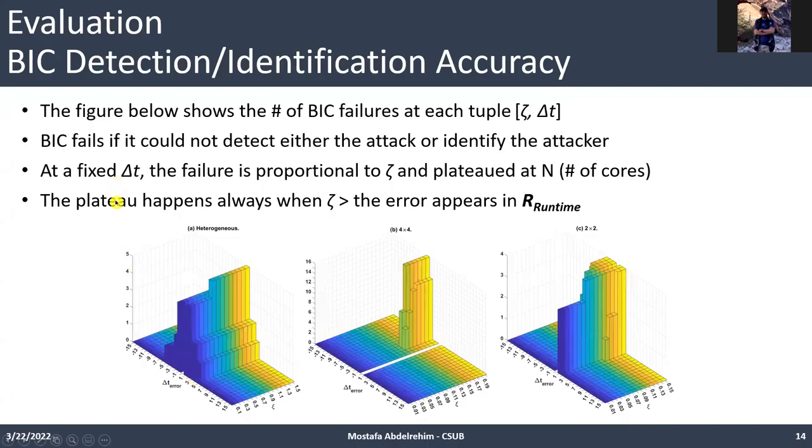If delta T error decreases, then there are more possibilities that BIC will fail. Also, the failures will plateau at the number of cores, and it will be proportional to zeta. As zeta increases, there is a higher probability that we're gonna exceed the main difference between our runtime and our golden.